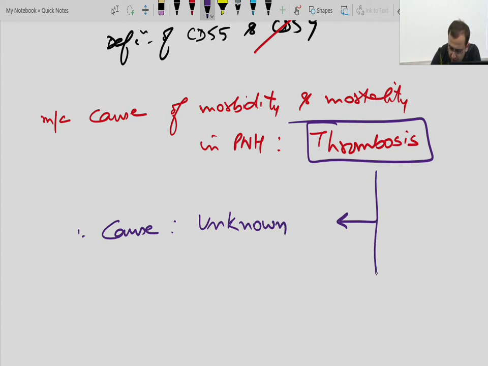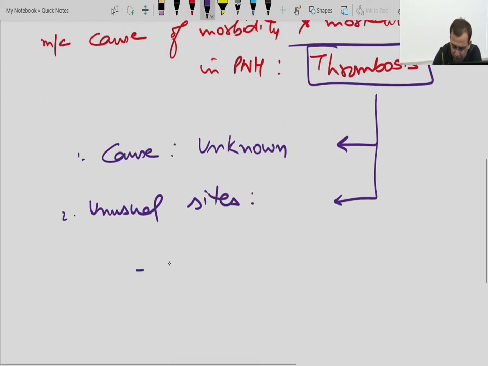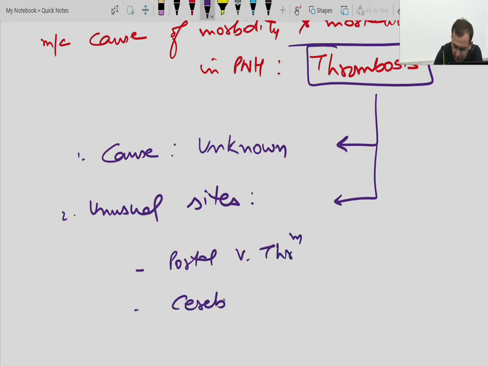Next, it occurs at unusual sites, that is portal vein, cerebral vein, and hepatic vein thrombosis.